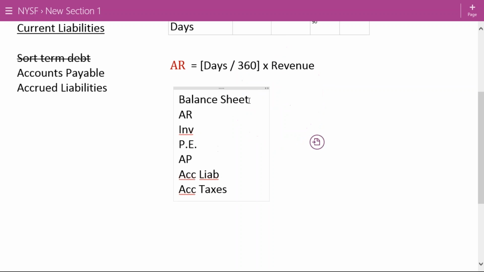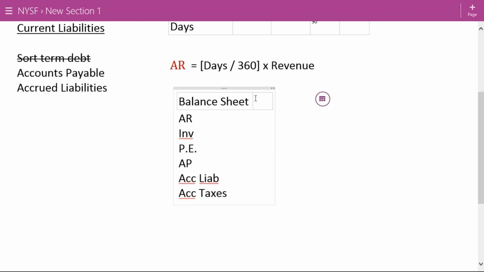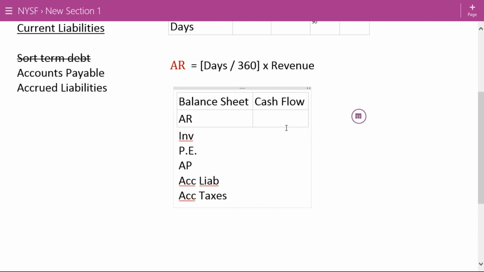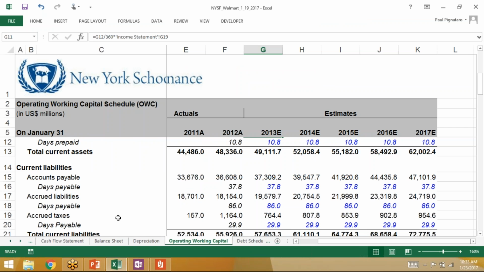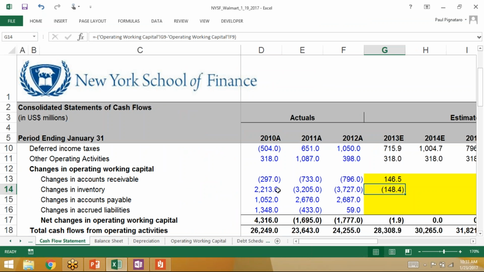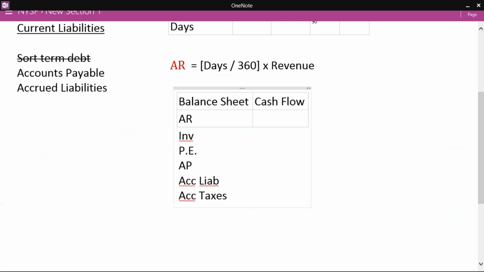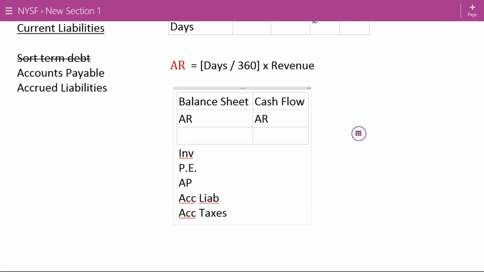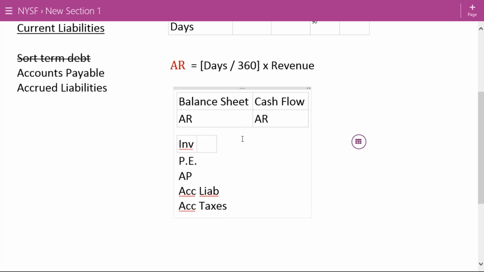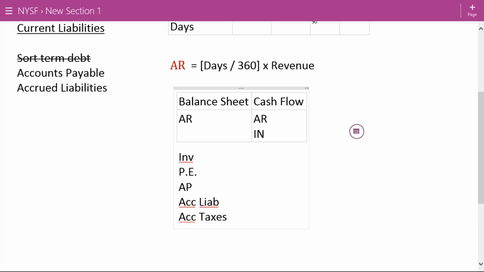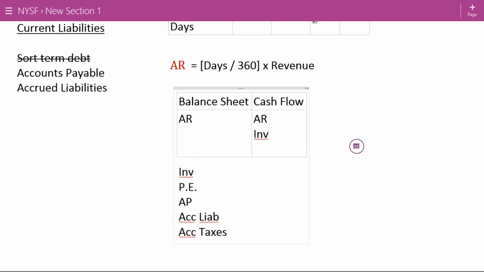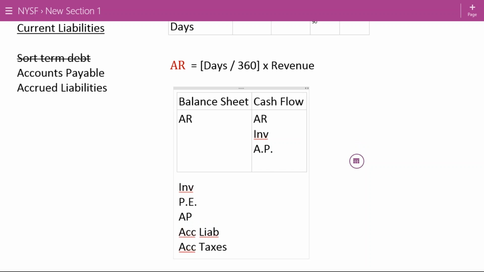Okay. Now, however, in the cash flow statement, they have AR, inventory, accounts payable, and accrued liabilities.